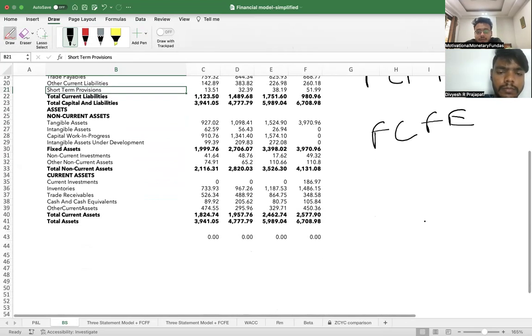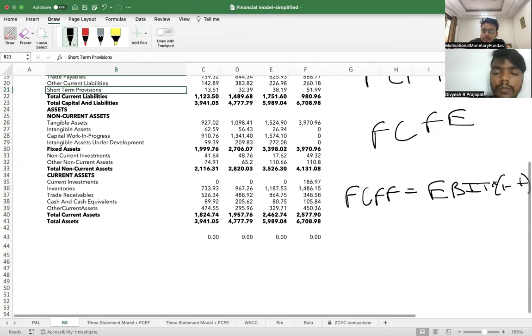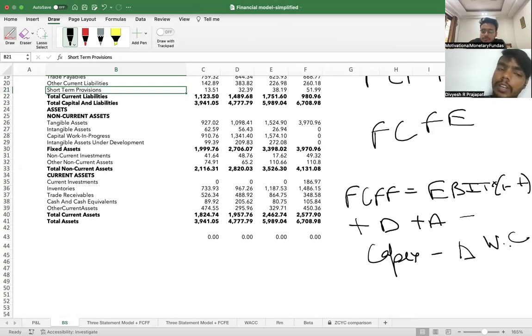Whenever we're talking about free cash flow to firm, ideally you take your EBIT and adjust it with 1 minus tax. You add back your depreciation and amortization, and you subtract your CAPEX plus the changes in net working capital needs.